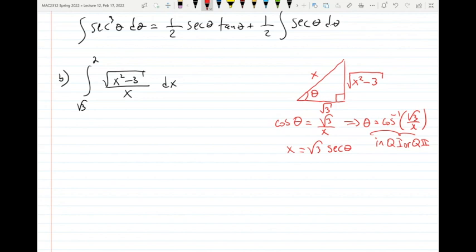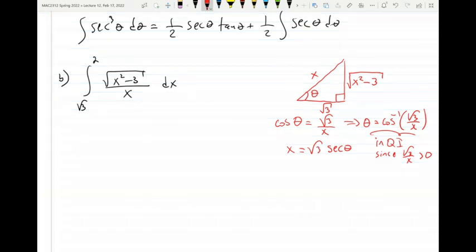Do you understand this? Here, this really matters. So this is actually in quadrant 1, since square root of 3 over x is positive. You have to make this distinction every time that you have a definite integral and you make this type of substitution. Again, the same thing would have been if you had the inverse secant. Exactly the same thing.